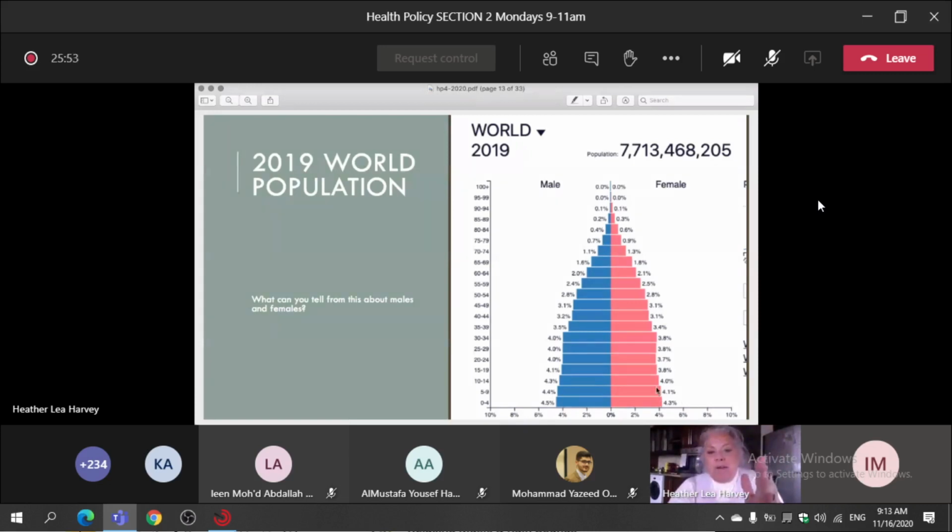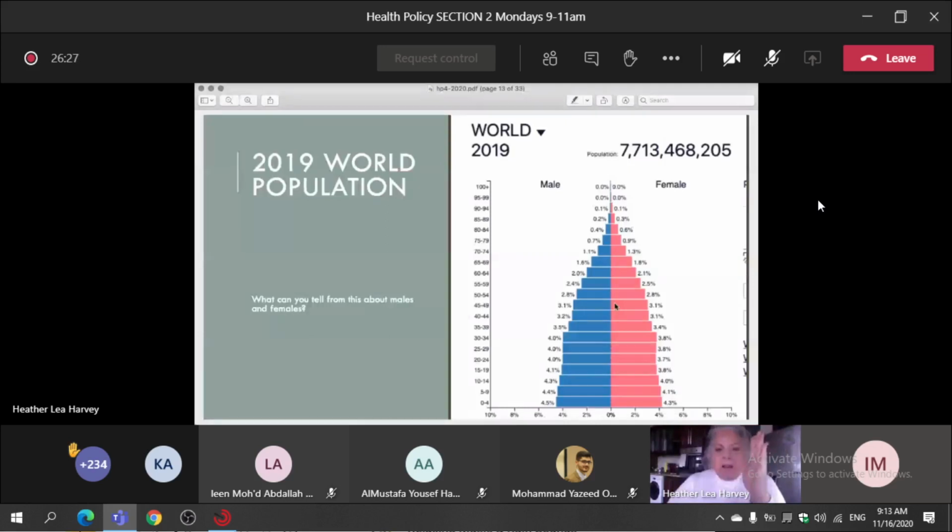What we start to notice, though, is that at every age range we see the narrowing, right? When we get into our 30s and 40s, the men are still dying. Remember, men die more at every age range. When we get up to about 45 to 50, you'll notice that all of a sudden we have equal distribution of males and females, okay?